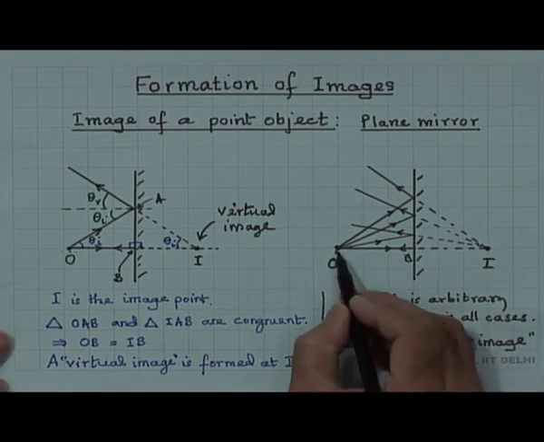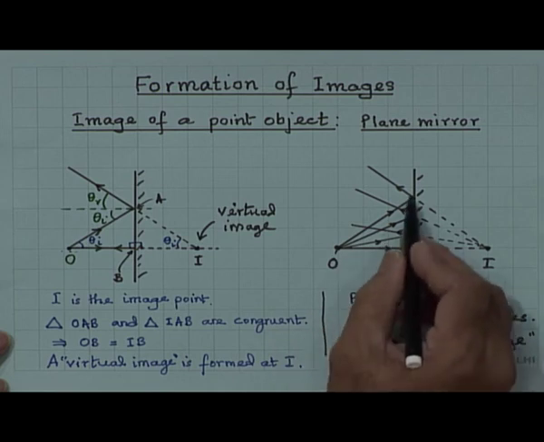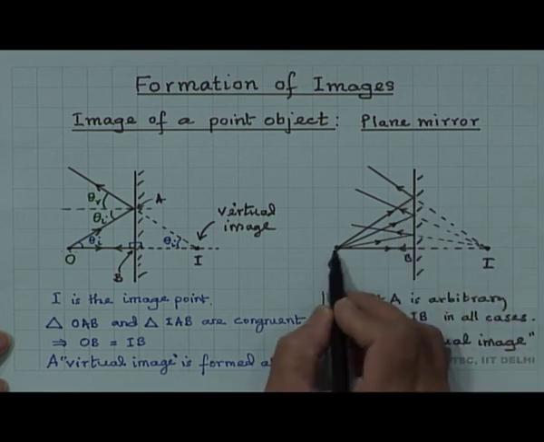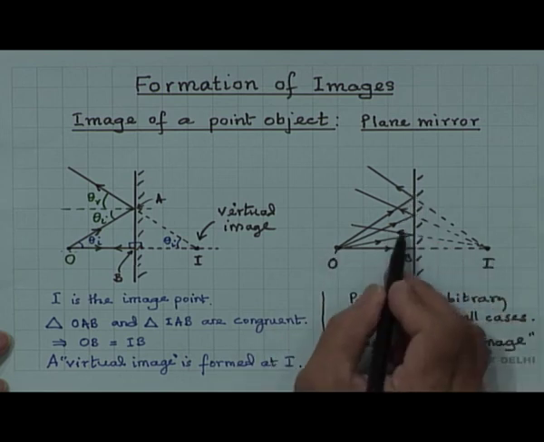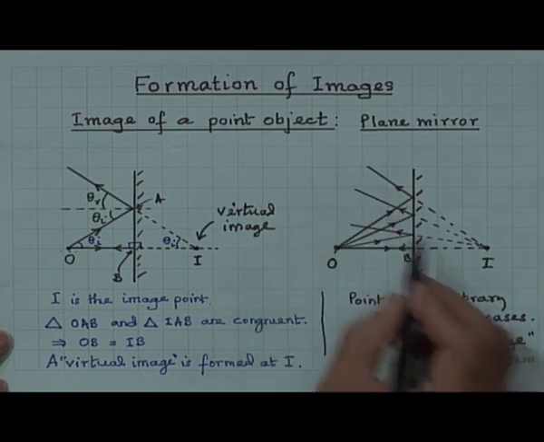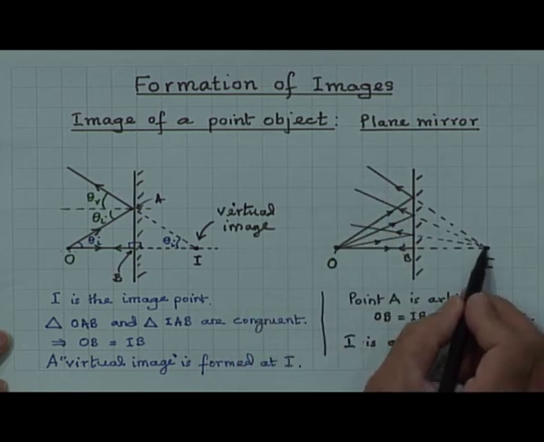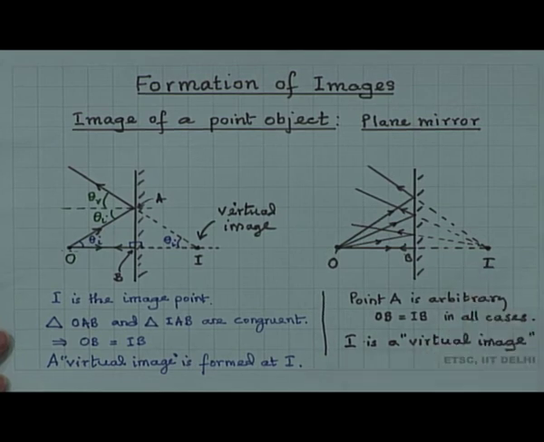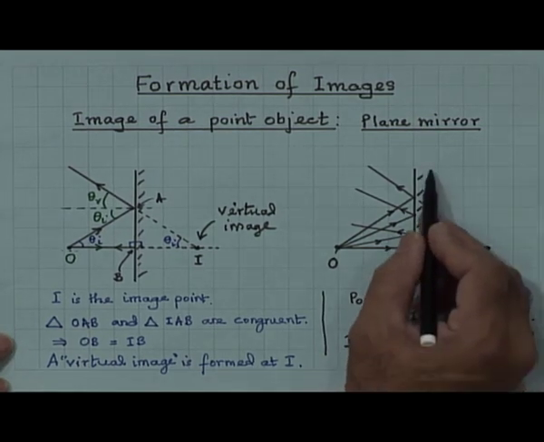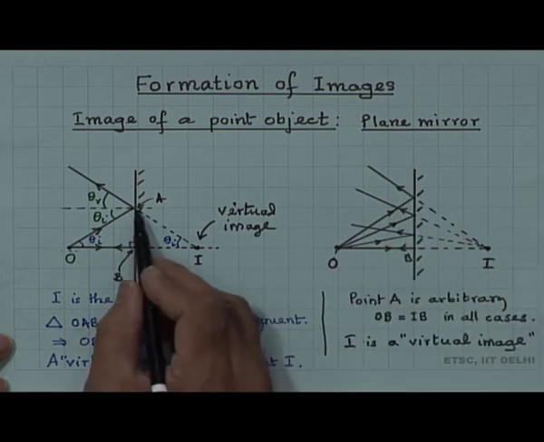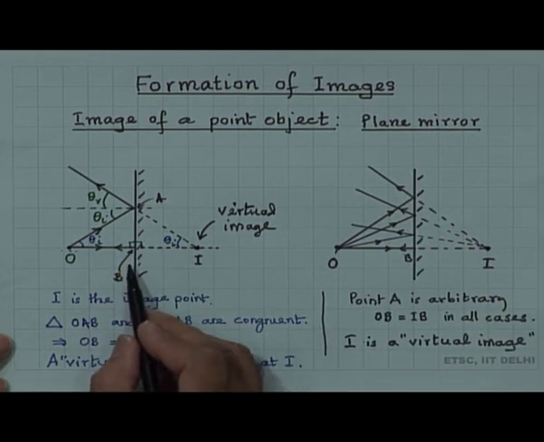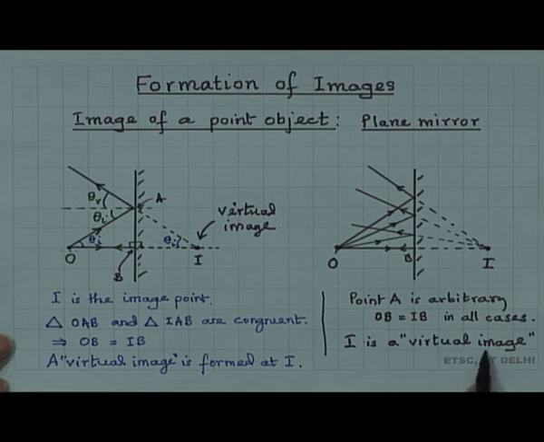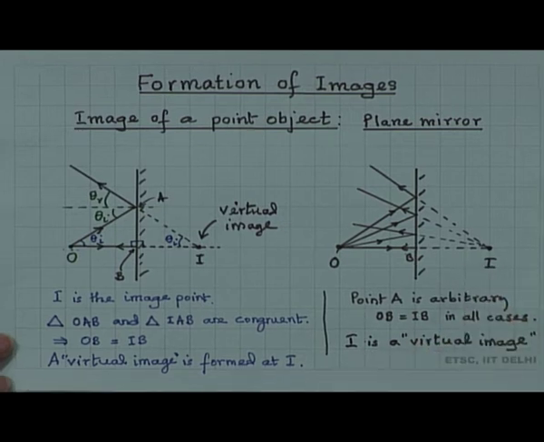In other words, all the reflected rays from every ray coming out of the object appear to come from this point I, which is the image point. The point A is arbitrary, which means it could have been anywhere here, and therefore I is a virtual image point.